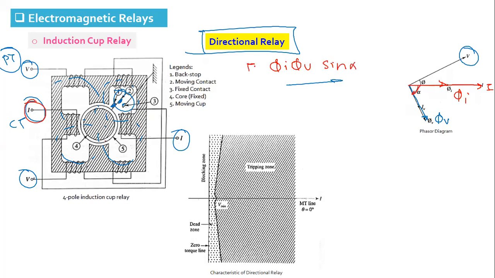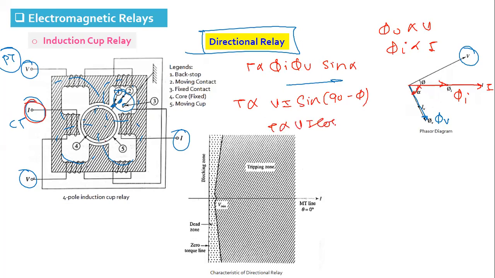Now phi V is proportional to V, phi I is proportional to I, so we can write torque proportional to VI sin(90 minus phi), instead of alpha. So torque is nothing but VI cos phi.